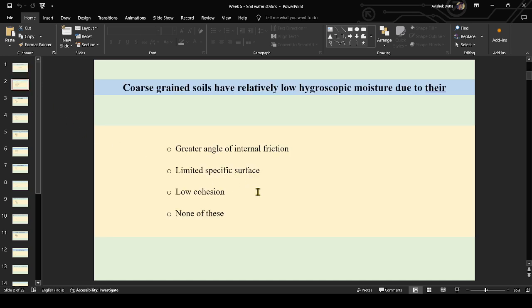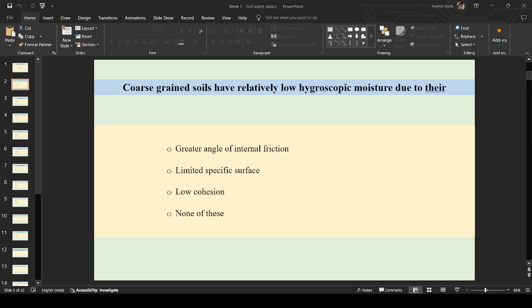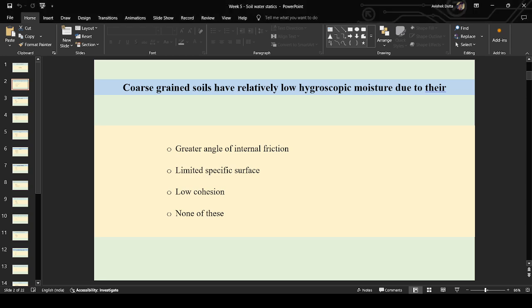This is the first question, I'll repeat. Coarse grained soils have relatively low hygroscopic moisture due to. The options are greater angle of internal friction, limited specific surface, low cohesion, or none of these.